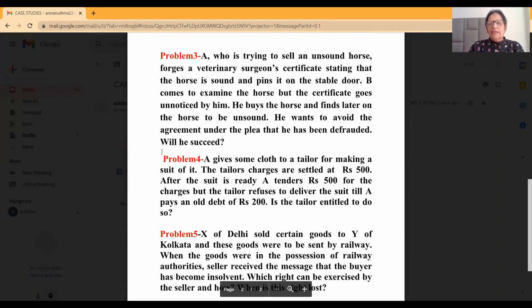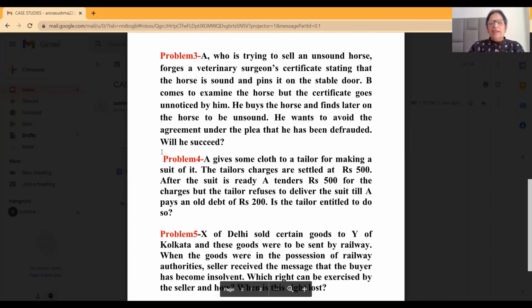And charges are settled at 500 rupees. After the suit is ready, A tenders 500 rupees for the charges, but the tailor refuses to deliver the suit till A pays an old debt of 200 rupees. Friends, this specific lien can be exercised by the bailee till his charges are paid. Once his charges have been paid, the bailee has no right to retain the property or goods in respect of which certain labor has been expended.